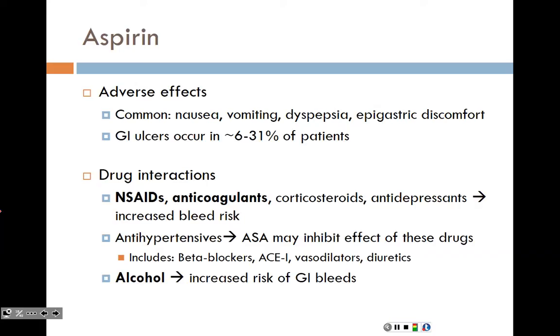So anticoagulants, again, collectively are going to increase your bleed risk and put you at higher risk for those things to happen, which we definitely don't want to get into. Not going to talk about the antihypertensives, just know that they can interact with drugs that treat high blood pressure. And then alcohol, because alcohol can actually put you at risk for GI bleeds, and so that additive problem again.